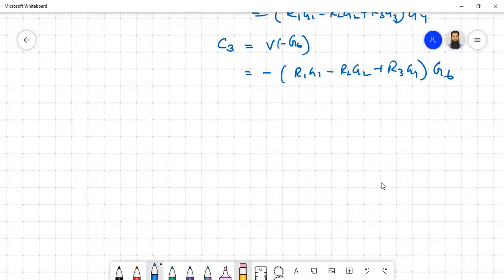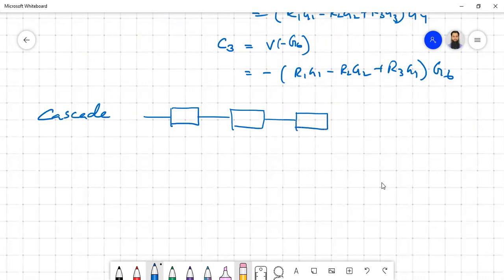We have seen the cascade form, where the blocks are in series. We have G1, G2, G3, with input RS and output CS.